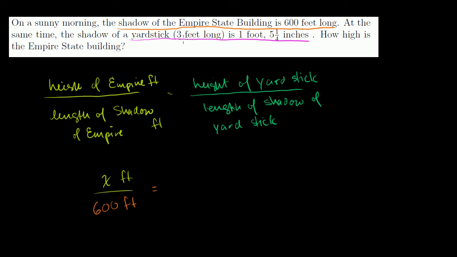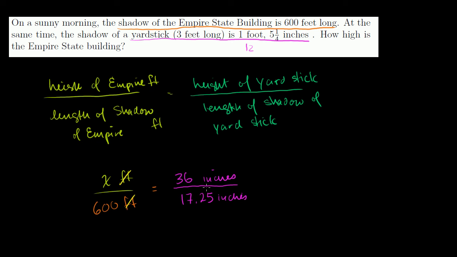Let's do it in inches. 3 feet long is 36 inches. 36 inches divided by the length of its shadow, 1 foot 5¼ inches. What's that? 1 foot is 12 inches. 12 plus 5¼ is 17¼, or 17.25 inches. And notice, the units cancel out.